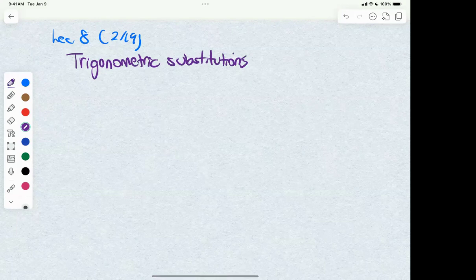Okay, so these types of integrals work for when you have expressions that look like the following. Now I'll do an example of each type and try to explain the idea behind it.